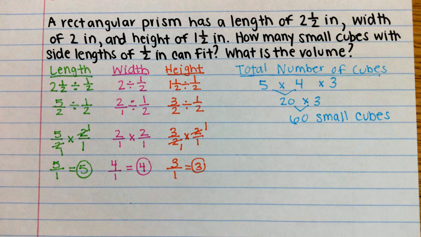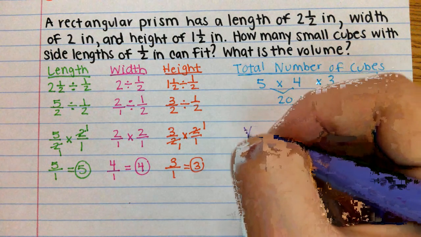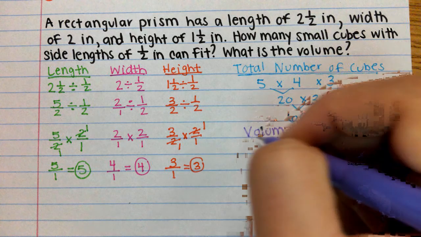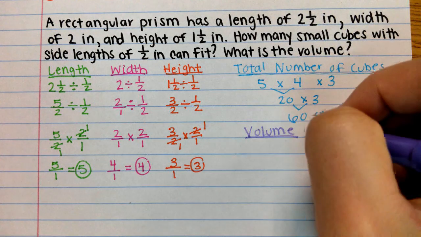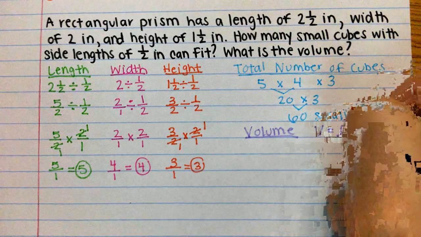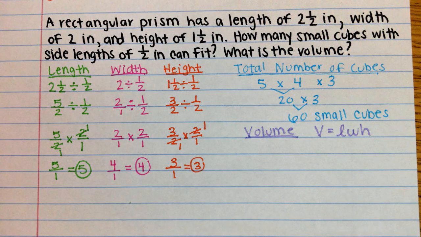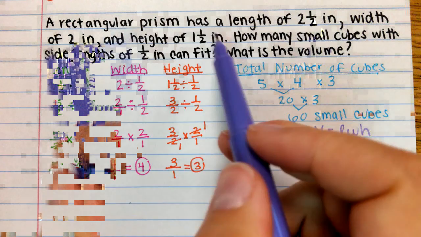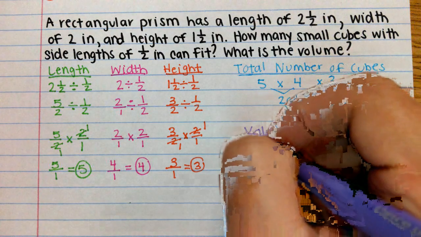Now the last part is asking me to find my volume. So last step is to find volume. In order to find volume, remember you have to take your length times your width times your height. So I just need to multiply 2.5 times 2 times 1.5.